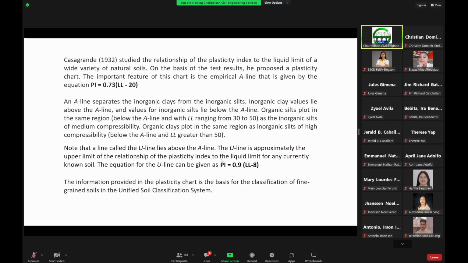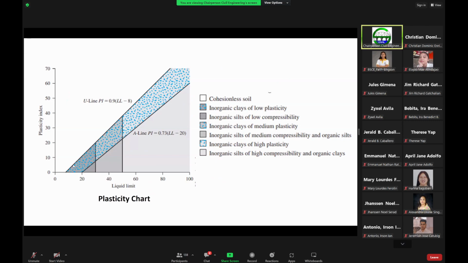So if we go to the chart again, this is now my A line, and this is now my U line, which is the boundary for my plasticity chart, which means that below the U line, we can consider them as cohesive soils. Above the A line can probably be the cohesionless soils, although there is some gray area there with respect to the silts.